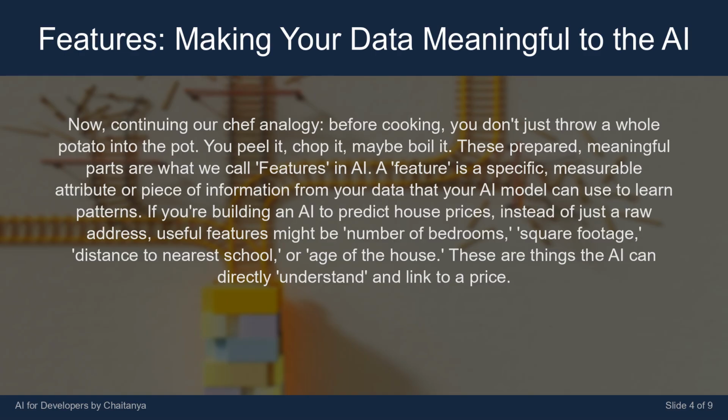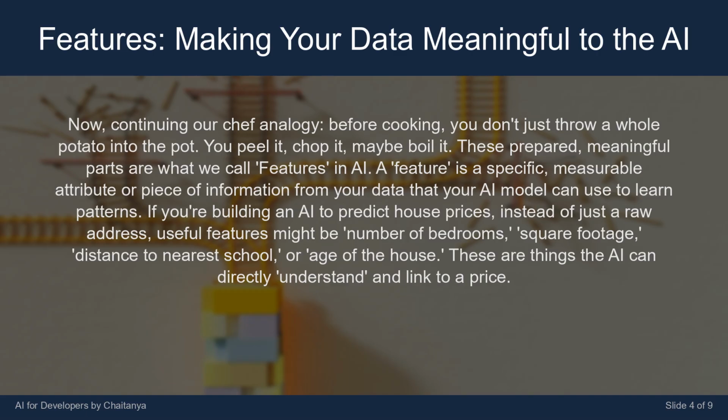A feature is a specific, measurable attribute or piece of information from your data that your AI model can use to learn patterns. If you're building an AI to predict house prices, instead of just a raw address, useful features might be number of bedrooms, square footage, distance to nearest school, or age of the house.